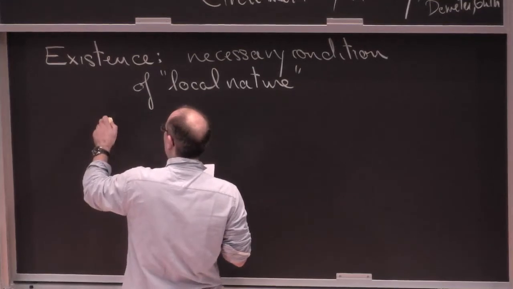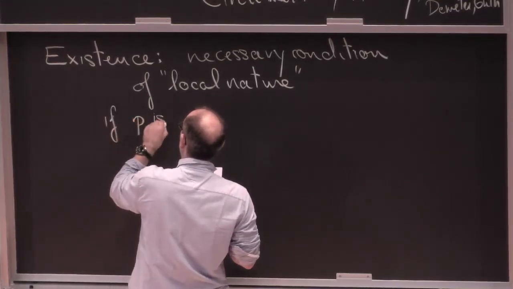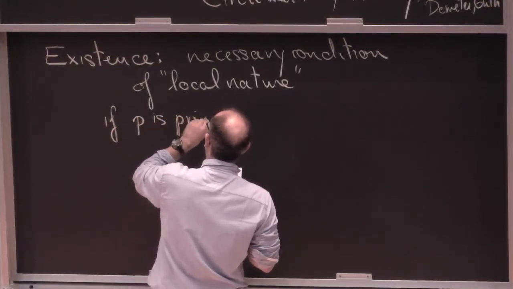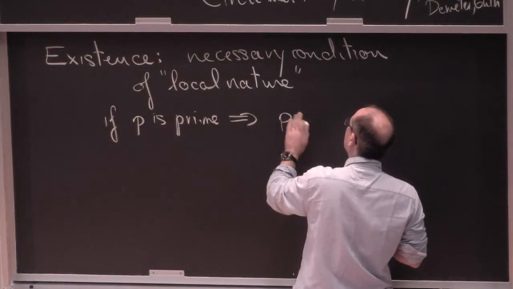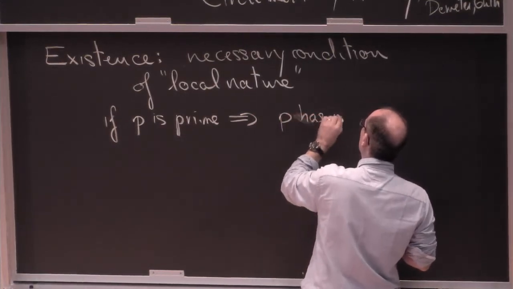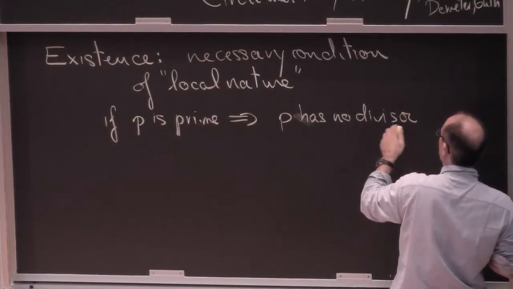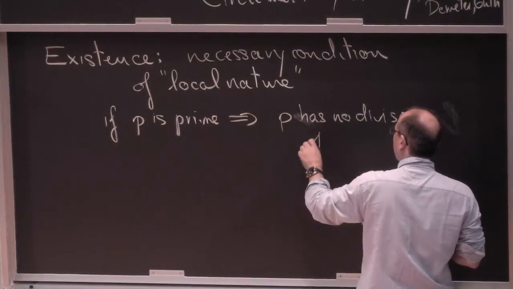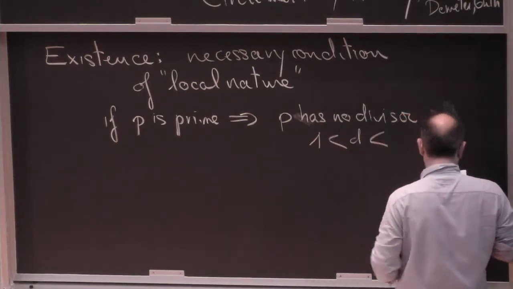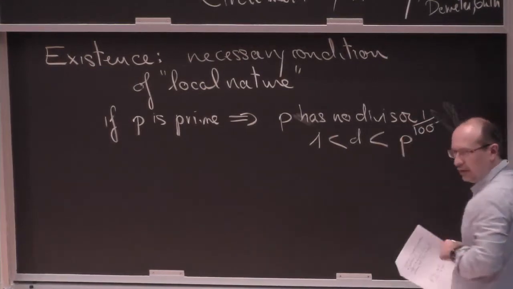So if P is prime, then P has no divisor greater than 1, say less than P to the 100.